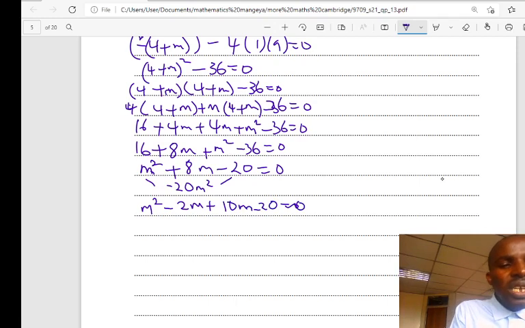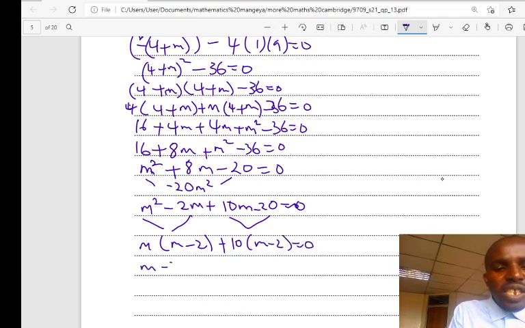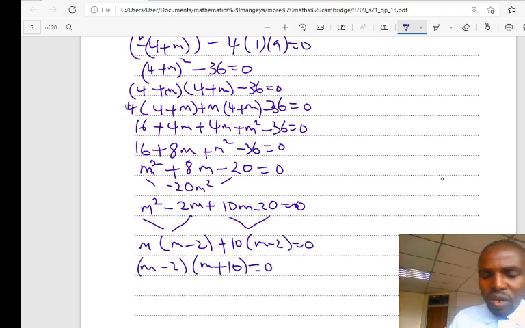So it's 0. Then factorize this one and this one and this one and this one. It will be m here. Factor out m, then m minus 2, plus factor out 10 here, m minus 2 is equal to 0. Then it will be m minus 2 inside the bracket, they are the same, or m plus 10 outside the bracket is equal to 0.